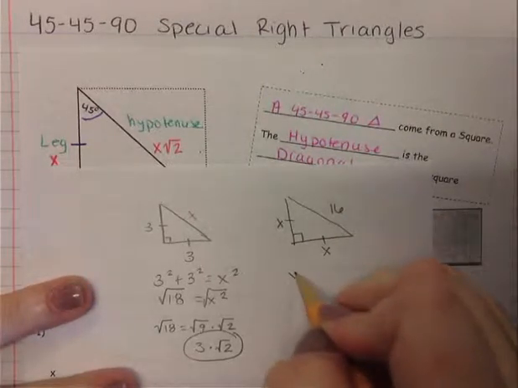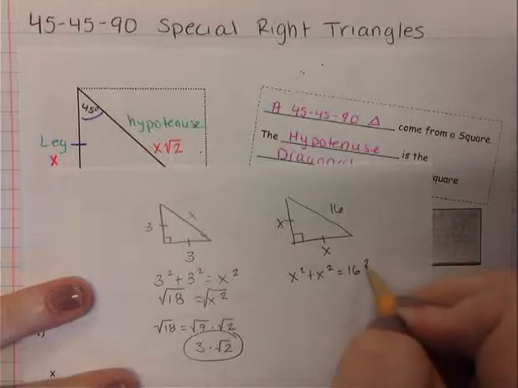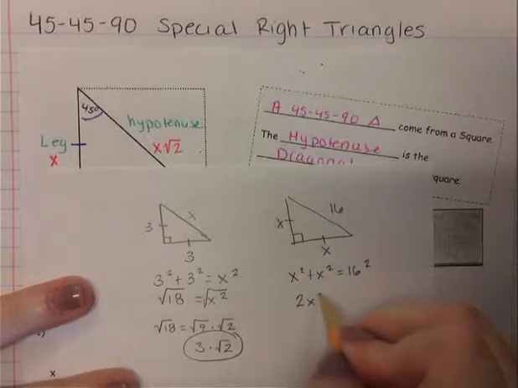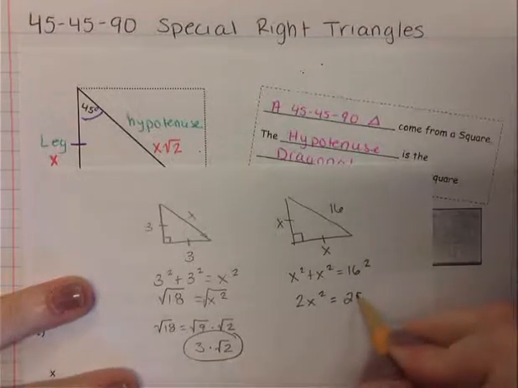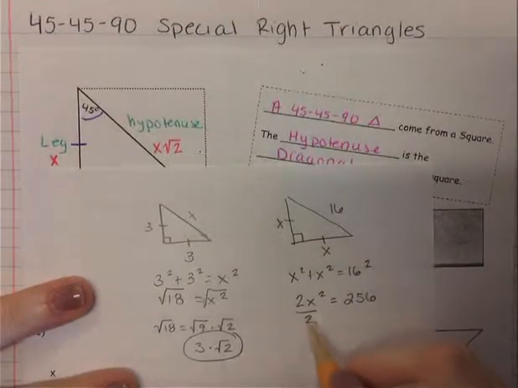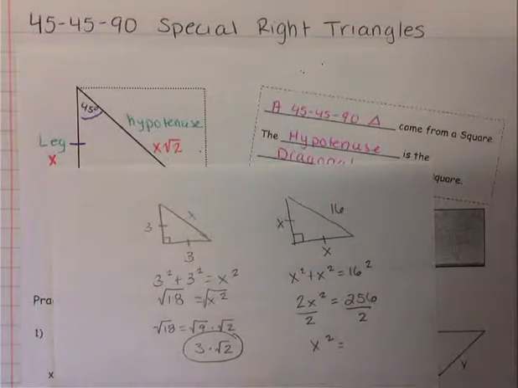So I know that x squared plus x squared is equal to 16 squared. x squared plus x squared is 2x squared, equal to 16 squared, which is 256. To solve for this, I would need to divide by 2. So x squared is equal to 256 divided by 2, which is 128.